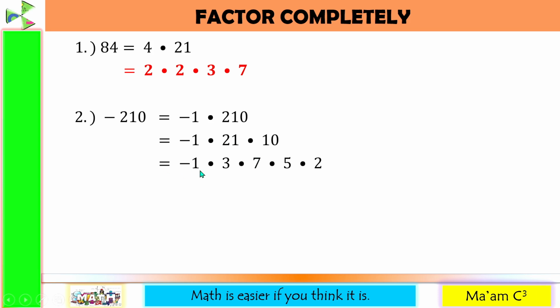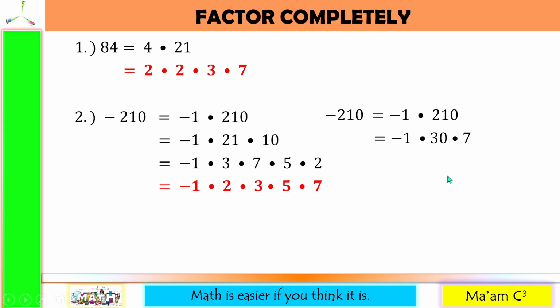Now, let us rearrange this in ascending order. So, we have negative 1, 2, 3, 5, and 7. All of these numbers are prime numbers, so this is the completely factored form of negative 210. There's another way of doing this. Again, negative 210 is negative 1 times 210, and 210 is 30 times 7, while 30 is 3 times 10.